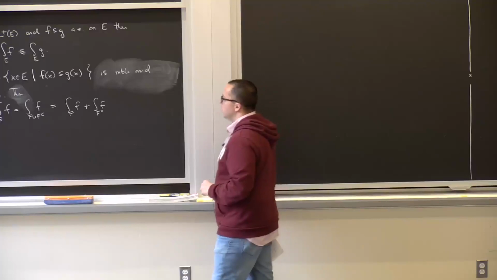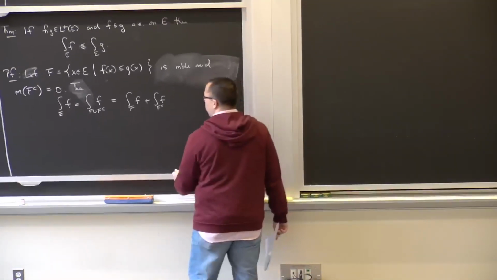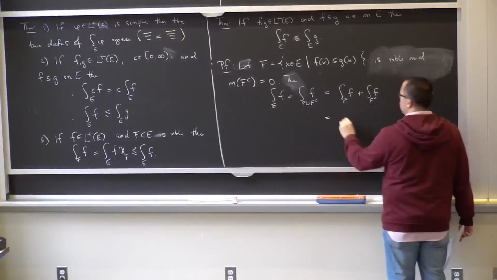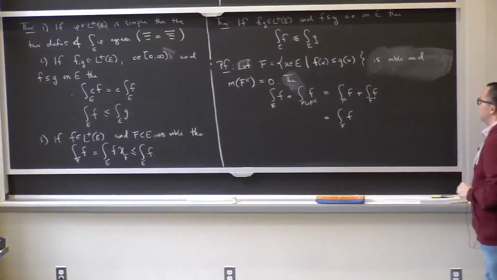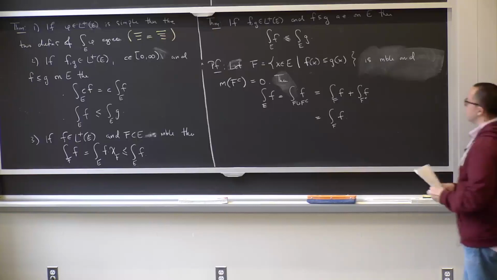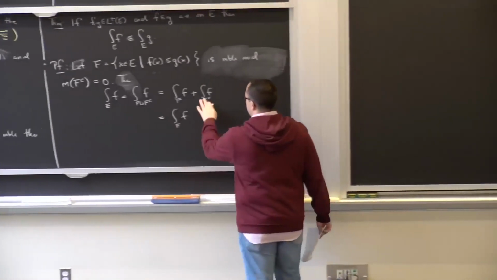It's not difficult. But since we have this, and F complement is a set of measure 0, this is the integral of little f over F, since this is 0.